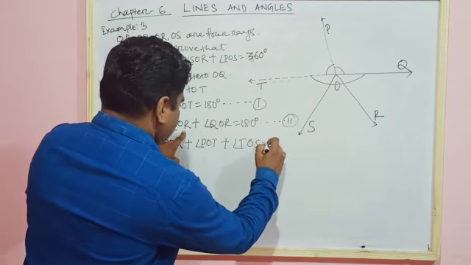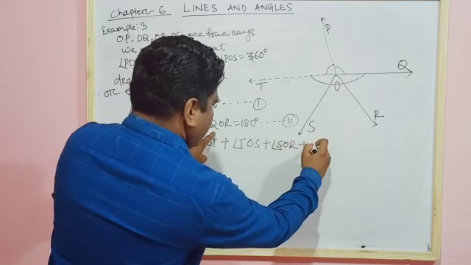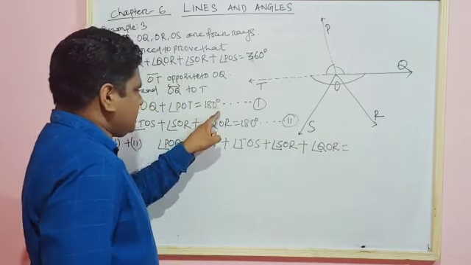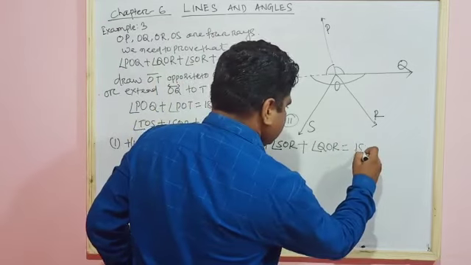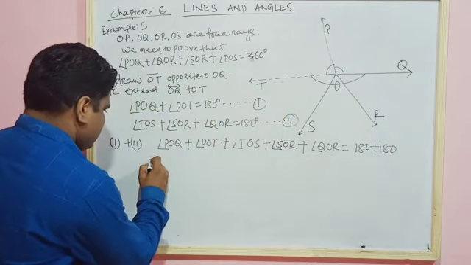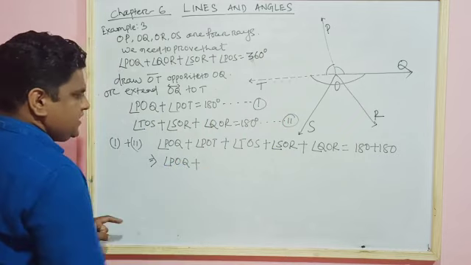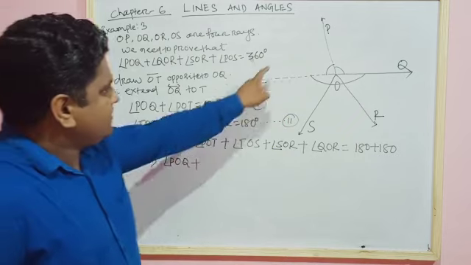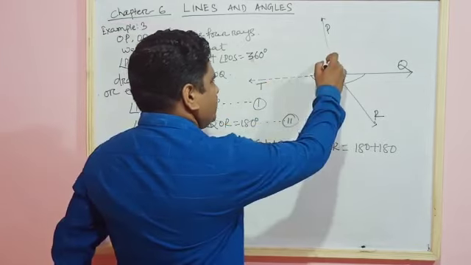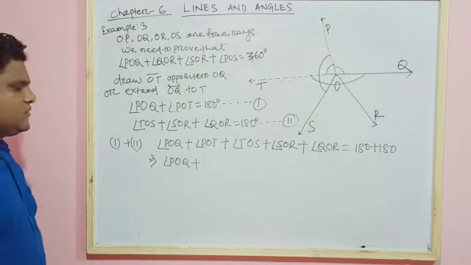Then SOR plus QOR equal to RHS plus RHS, which is 180 plus 180. Then it will be POQ plus POT plus TOS. POT plus TOS will form this angle. That angle is called POS.